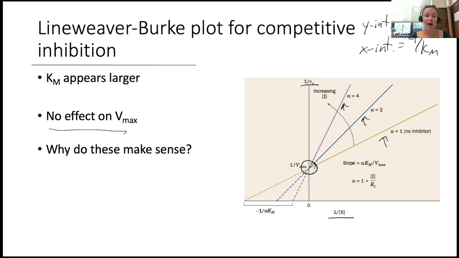But as we add inhibitor, you can see that the Km is moving closer and closer to the axis. So the Km appears larger, right? If -1 over Km is getting smaller, Km is getting larger. Why does this make sense?